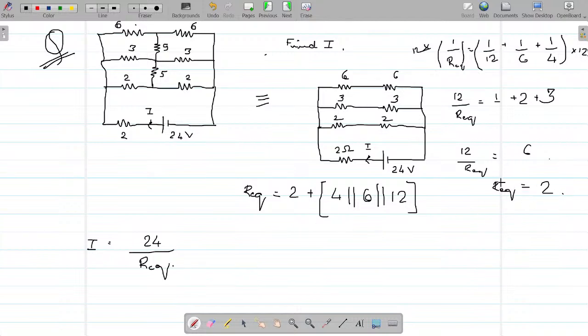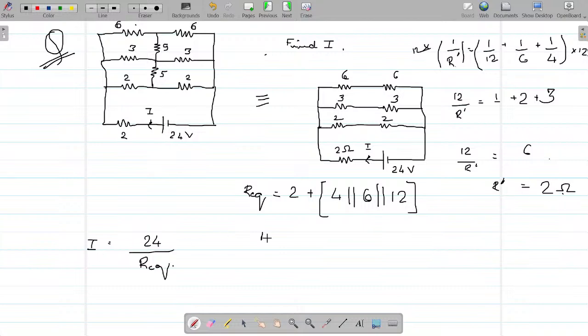Right? It's not R equivalent. R equivalent is 2 plus this. Let us call this one R dash, okay? R dash becomes 2 ohms.